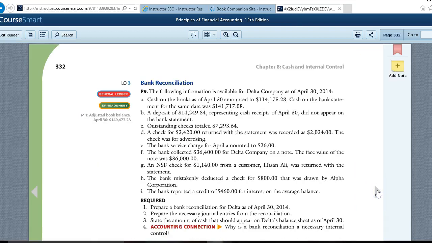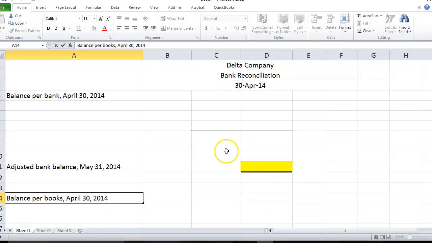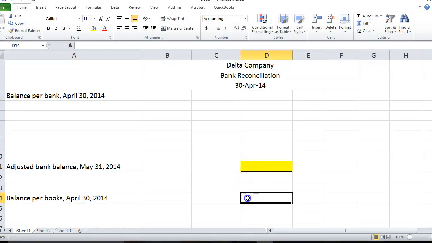The following information is available for Delta Company as of April 30th, 2014. Cash on the books as of April 30th amounted to $114,175.28. So I'm just going to go in here. Balance per books, $114,175.28.